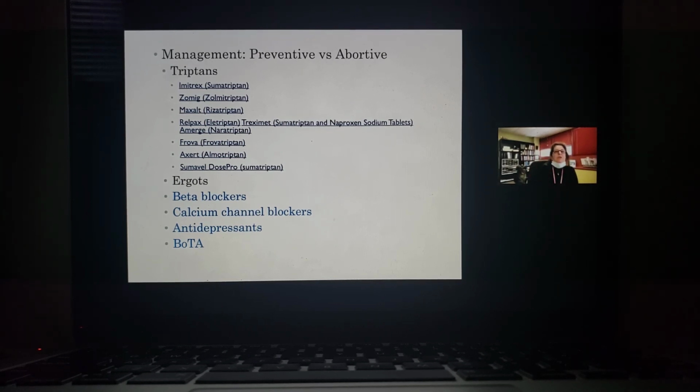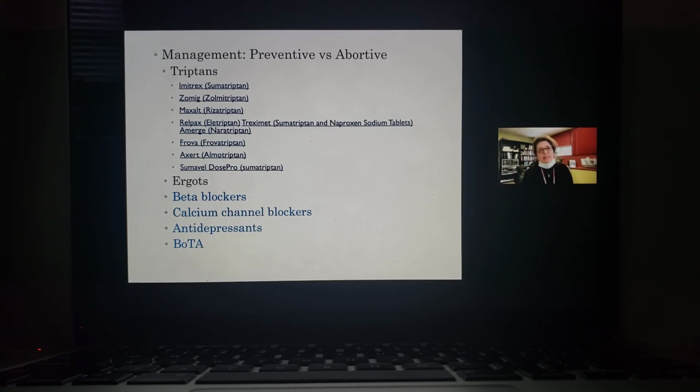In terms of abortive, you take a pill for the headache to go away. You have the ergotamines, which are not used very commonly. I believe the neurologist thinks that medication will go out very soon. But you have the triptans, the family of triptans, and there are many of them. Am I going to test you on a specific one?